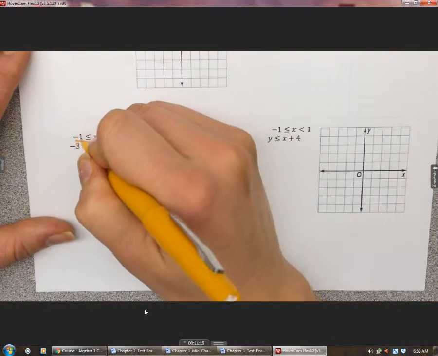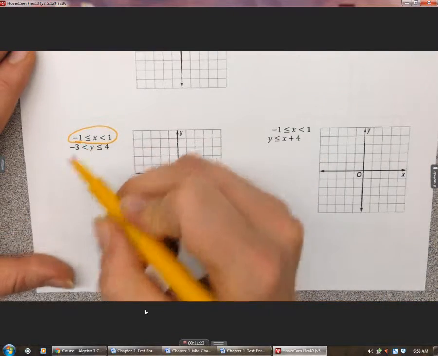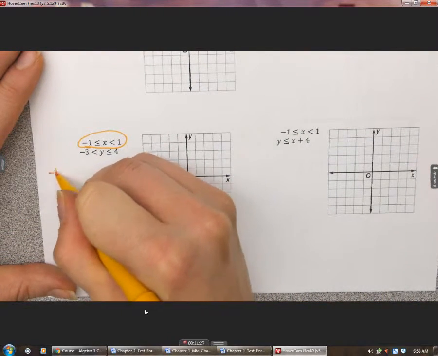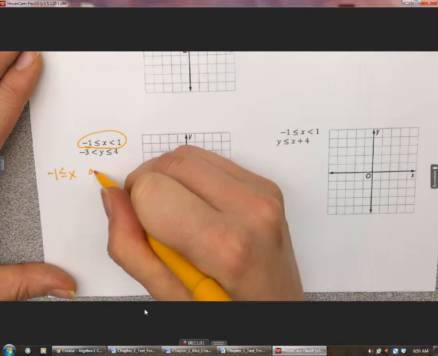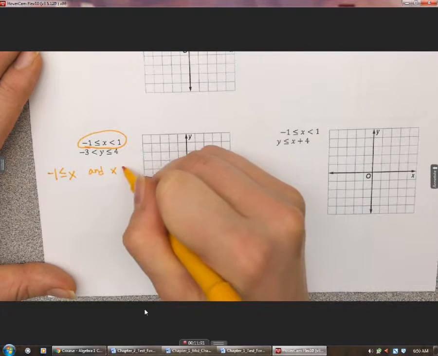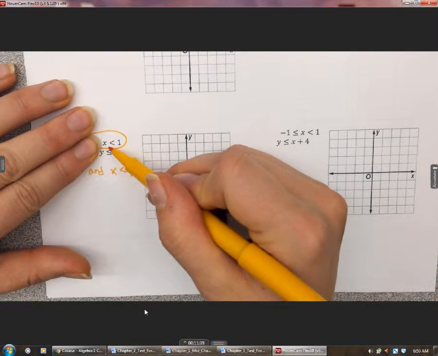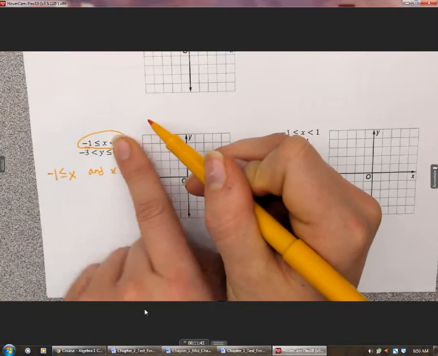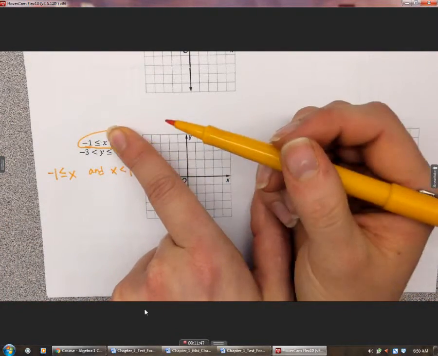We need to actually break this up into two statements. It can be negative 1 is less than or equal to x, and x is less than 1. It's like you're covering up one side, so it's x is less than 1. Or if you cover up the other side, negative 1 is less than x.